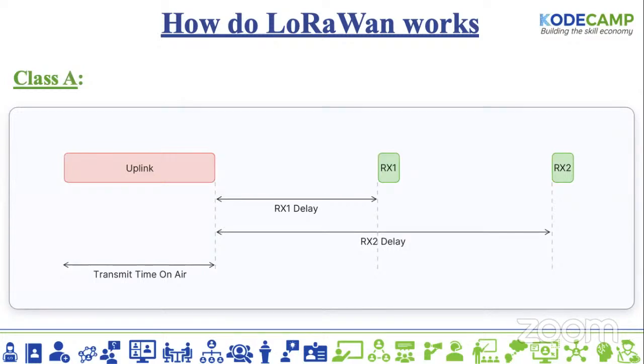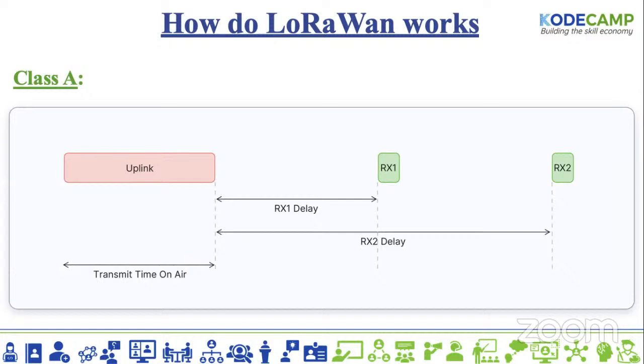Remember I said that class A devices require downlink communication. When I talk about downlink communication, I'm talking about when they are receiving. Receiving is the downlink. Uplink is when they are transmitting. I hope you're good with me.